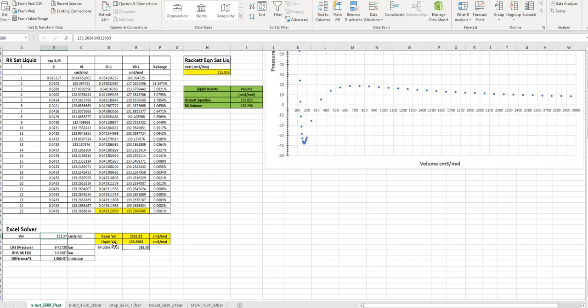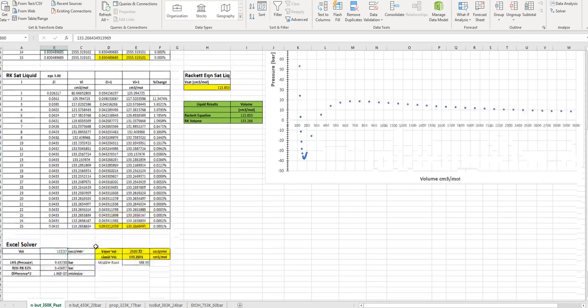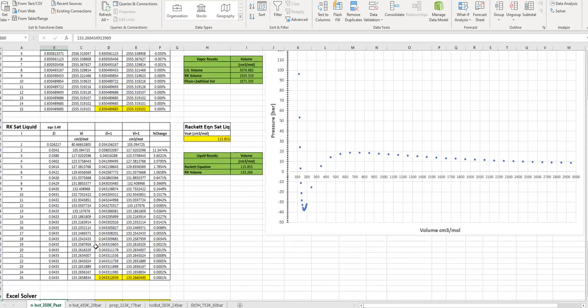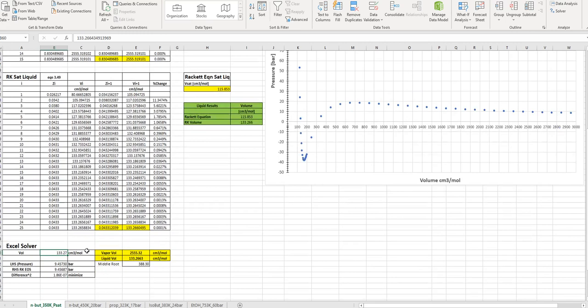We get a value of 133 centimeters cubed per mole. This is why solving these equations like this is not the best, and you kind of have to know what you're looking for before you calculate it. The 56 value just did not make any sense. I'm not sure why that showed up.